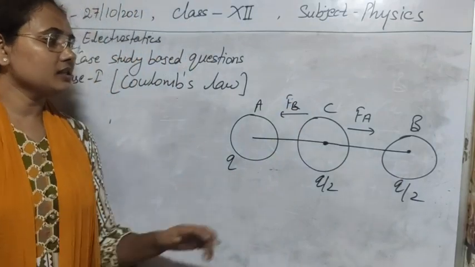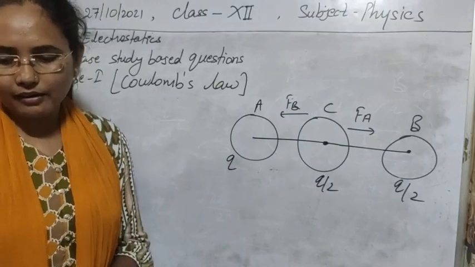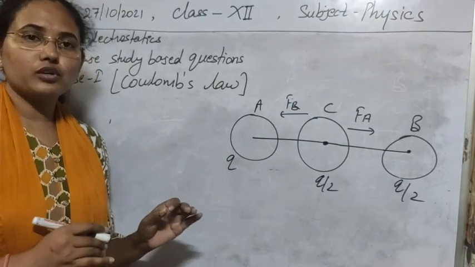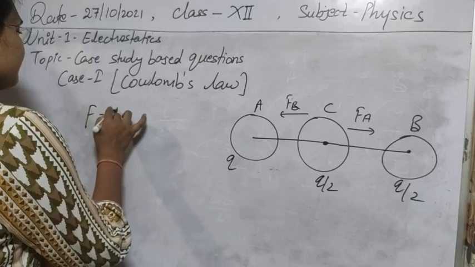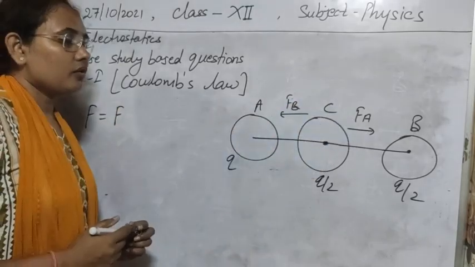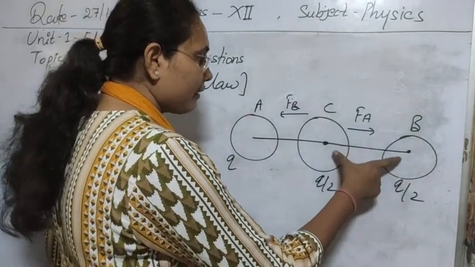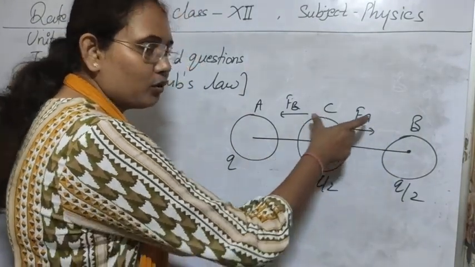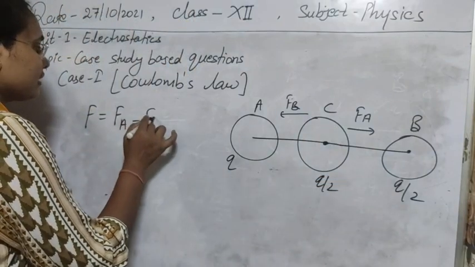Now sphere C is facing two forces, FA and FB. The net force on C is the difference of these two forces. FB will be less than FA due to the charges, so it will be FA minus FB.